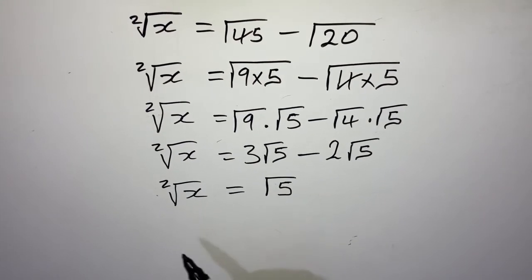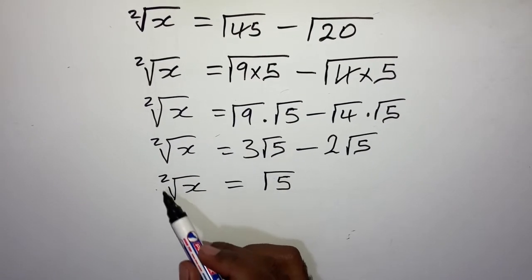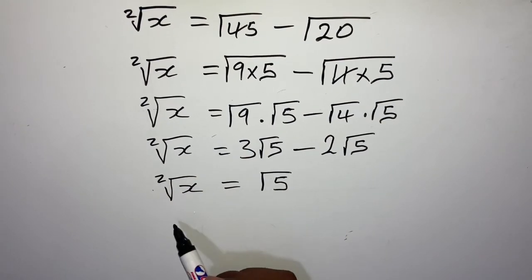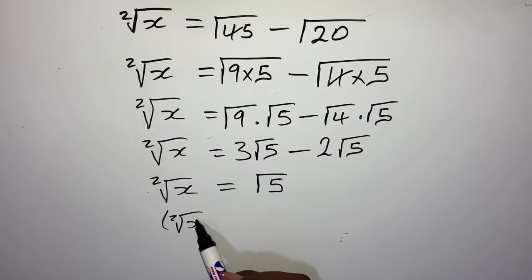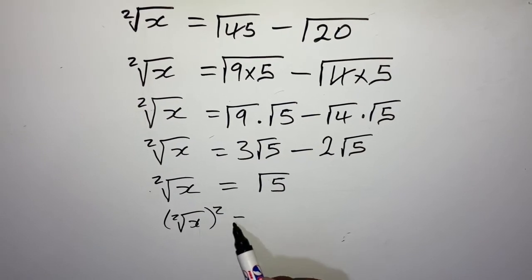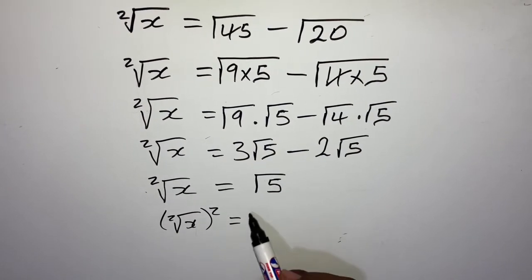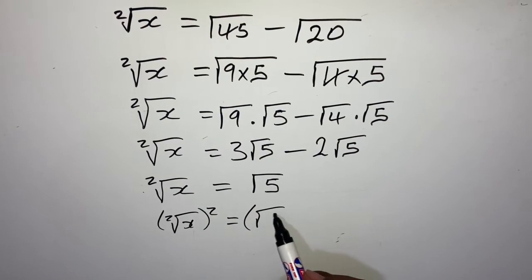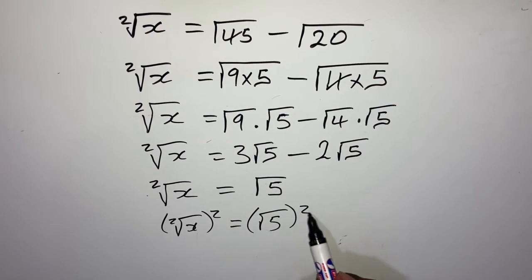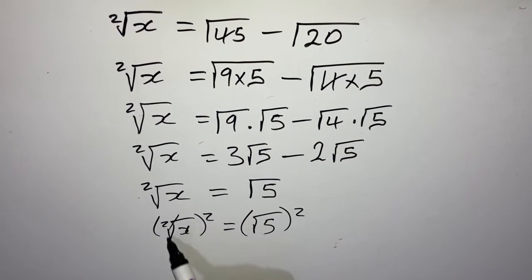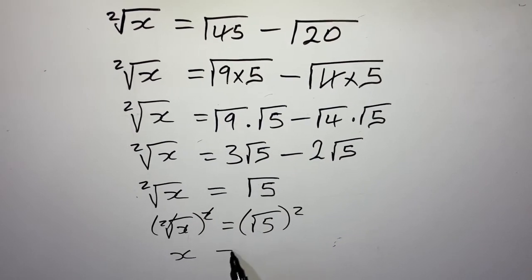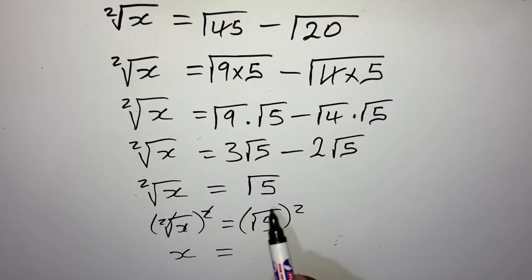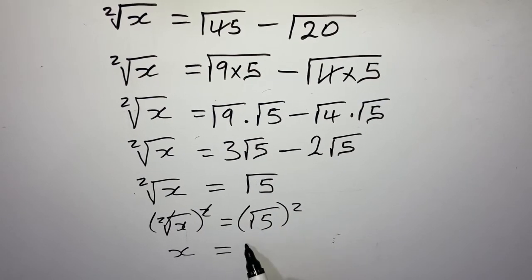Then from here, I can then go on to remove the root by squaring. Then what I do on the left, I'll have to do on the right. Then from here, I know these will cancel. I remain with x. Then this is the same bracket twice.